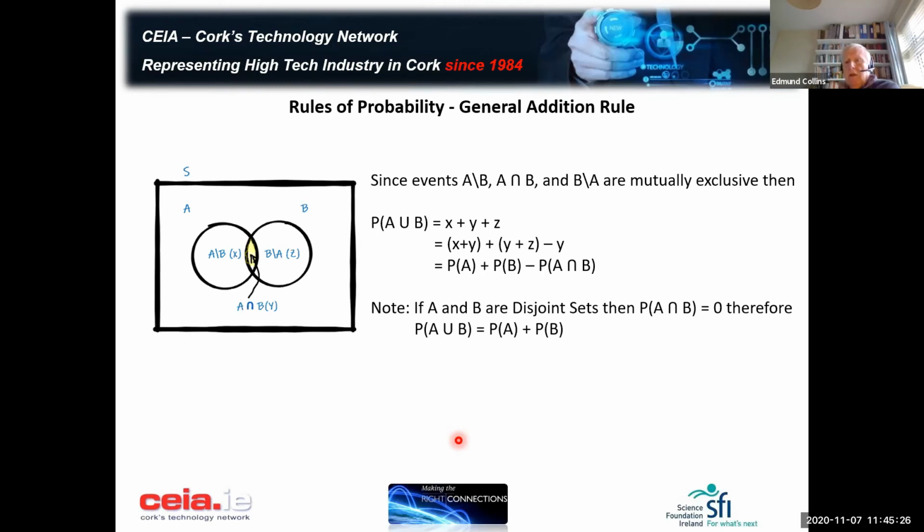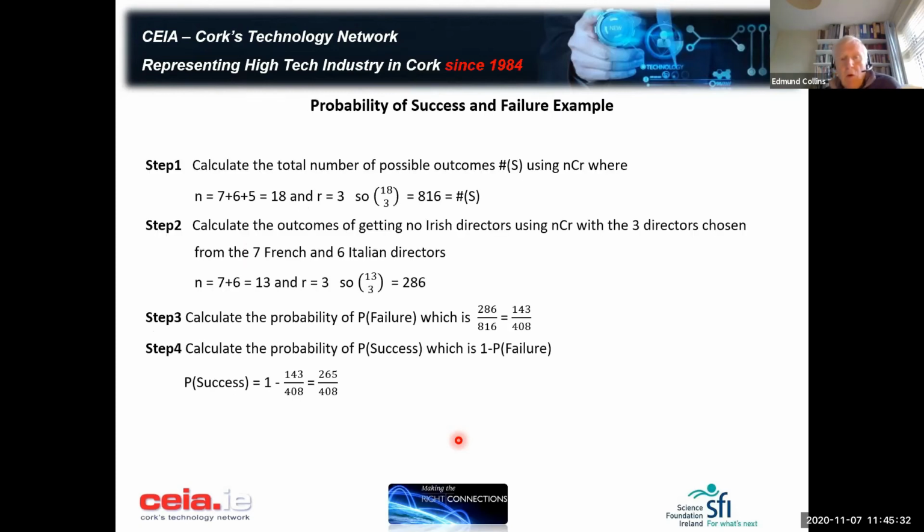And they are simplified as well. But in fairness, somebody marking a script, it would be quite unfair if they took marks off you for not bringing 286 over 816 down to 143 over 408. I mean, you've got the answer, it just hasn't been simplified. But any of the solutions I've seen, fractions are used. I haven't seen decimals.